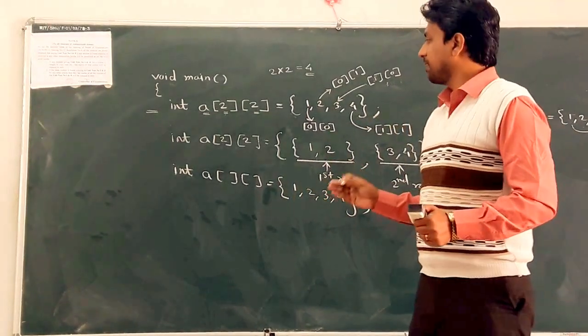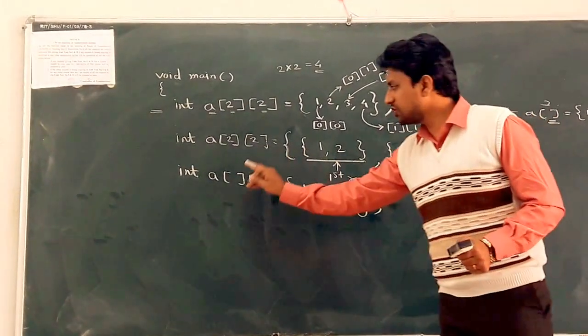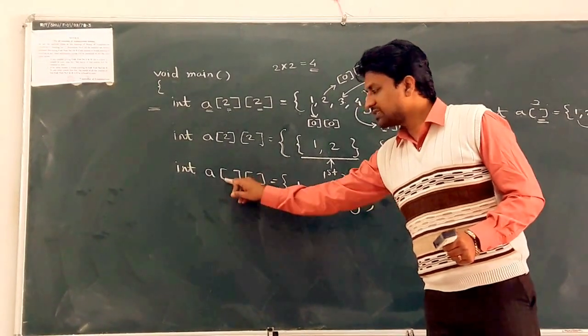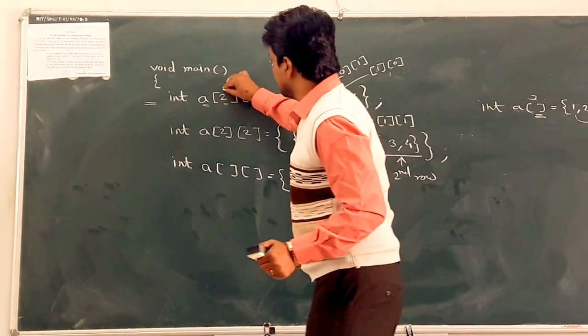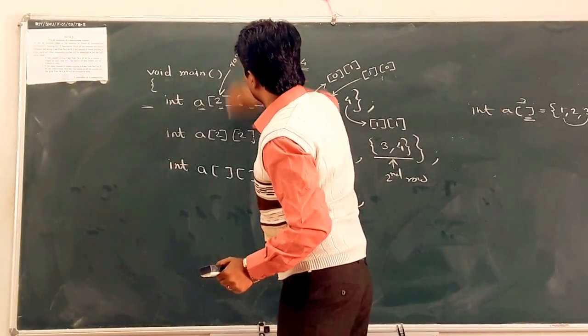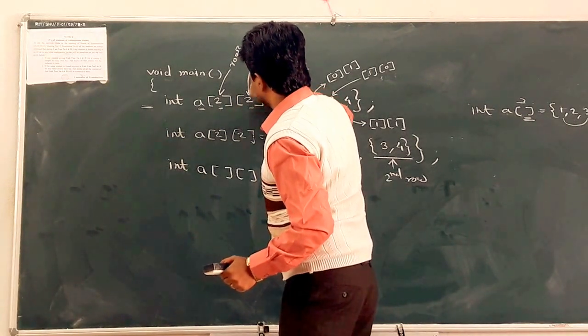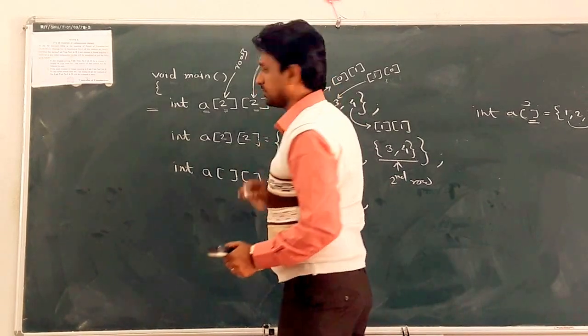But here, what happens if we specify 4 elements and do not specify size in both subscripts? Mostly the first subscript gives you the number of rows and the second subscript gives you the number of columns.